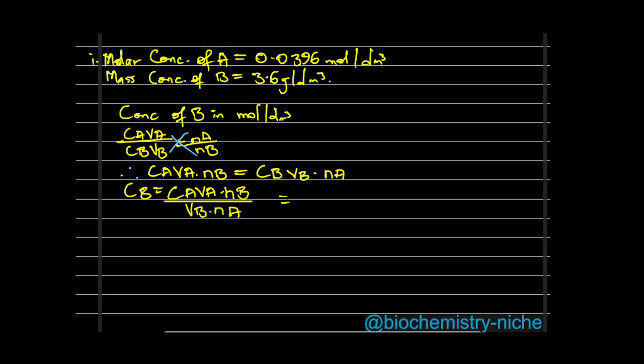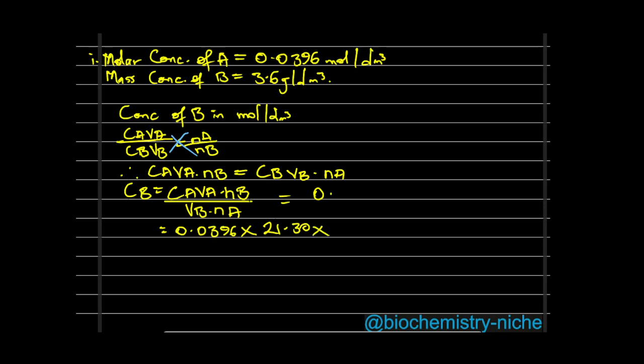So let us see what that is going to be. From our question, we have 0.0396 as our CA, times our titre value, which we are assuming to be 21.30.